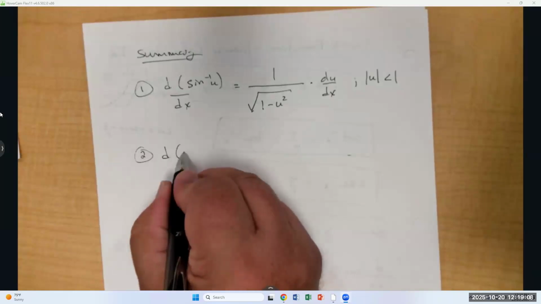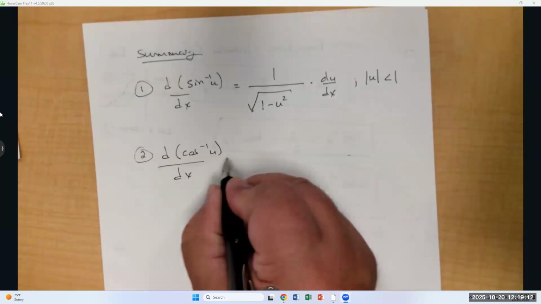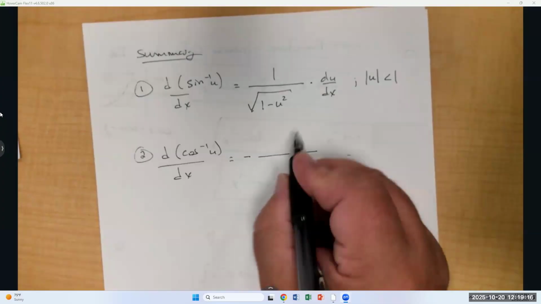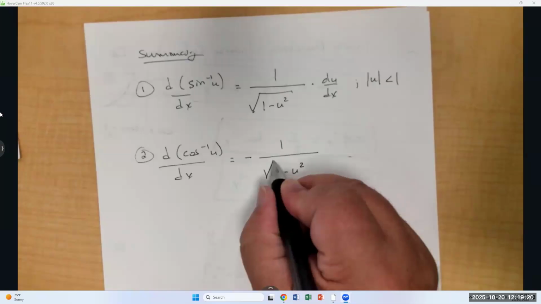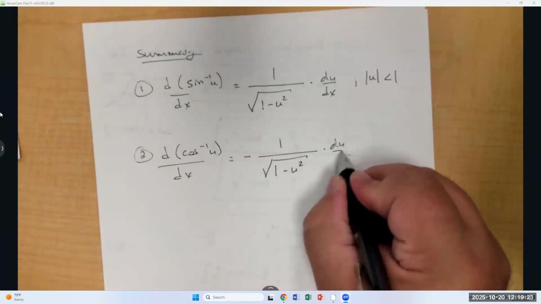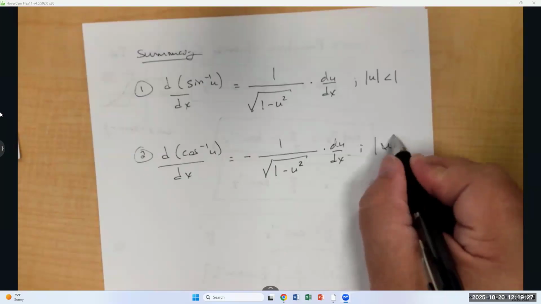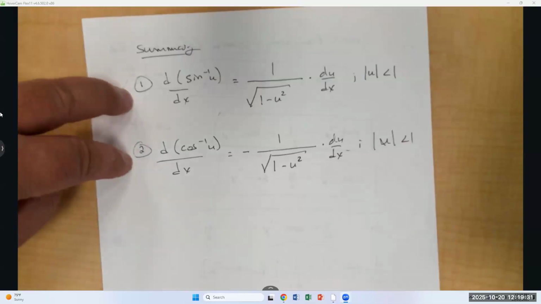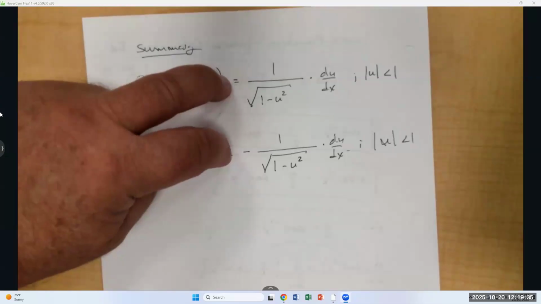The derivative of the arc cosine of u with respect to x is equal to the negative of the similar function, 1 over the square root of 1 minus u squared, times du/dx, where the absolute value of u is less than 1. So the only difference between the arc sine and arc cosine derivatives is the sign.